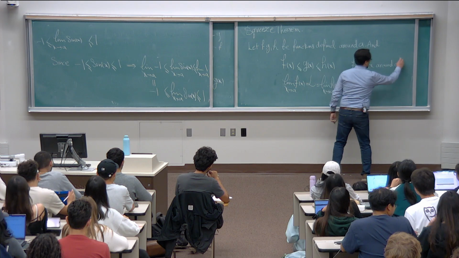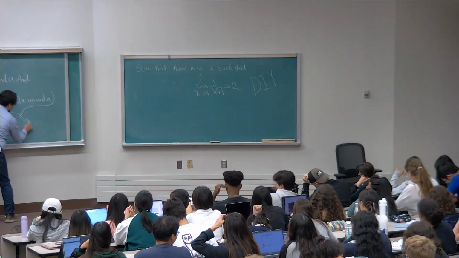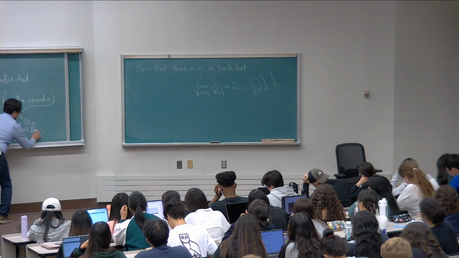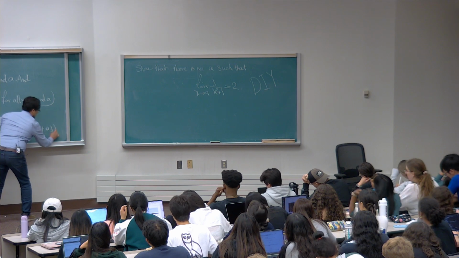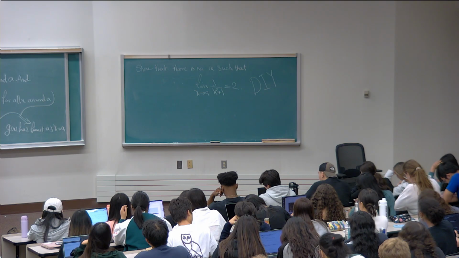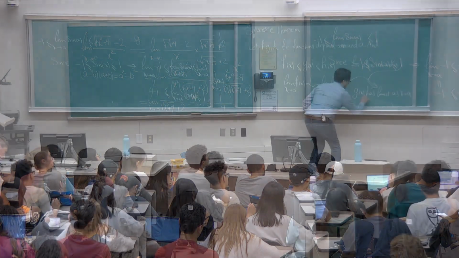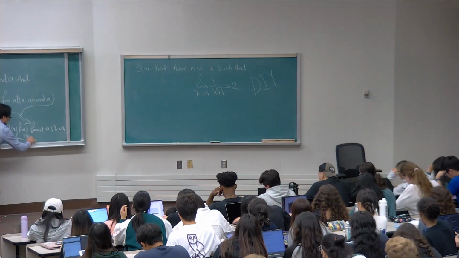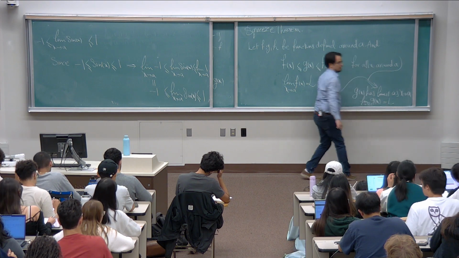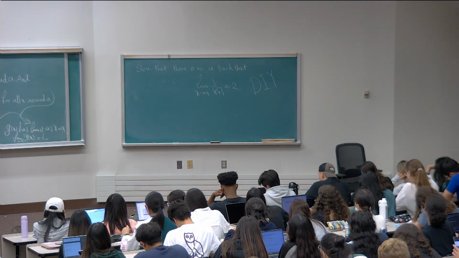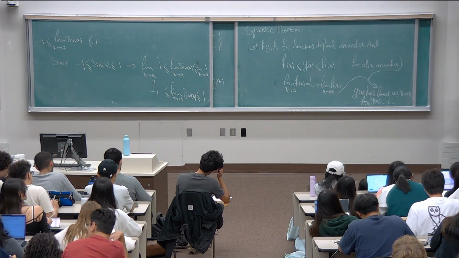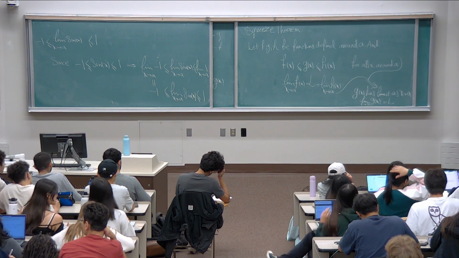Then you can conclude that the middle function has a limit as x approaches a, and the limit of g(x) as x approaches a is going to be the same number. Not only does it have the limit, but its value is going to be the same as the previous one.